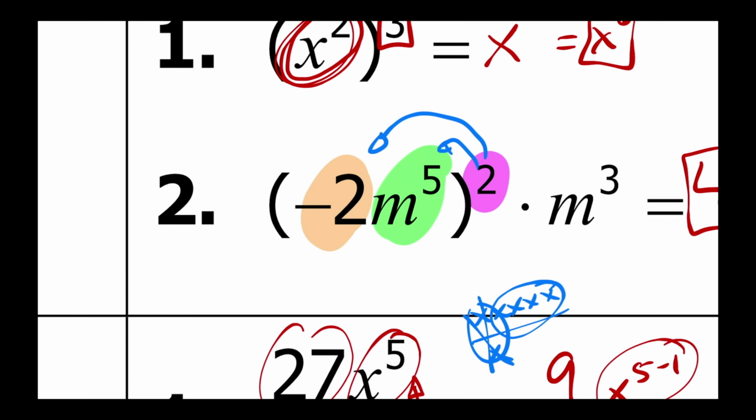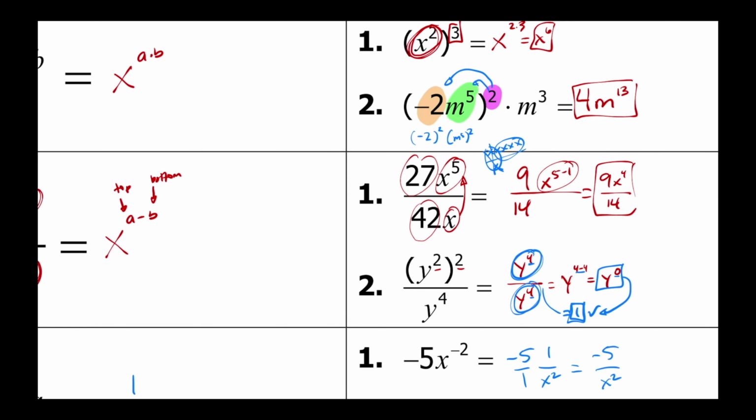So we had negative 2 squared, and we have m to the 5th squared, right? We can separate them and give each one of those terms inside that exponent. Some kids call it distributing. That's not the proper term, but it's kind of what's going on here. But it's not distributing. We're just giving each factor inside there that exponent. So that was one of the other rules we talked about.